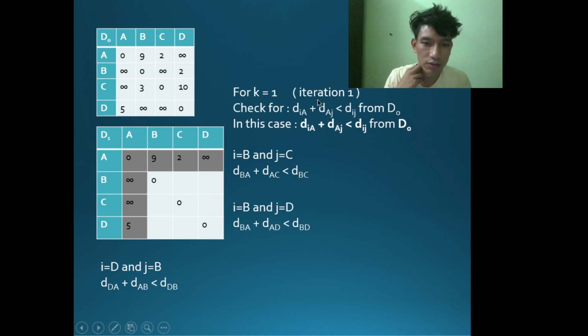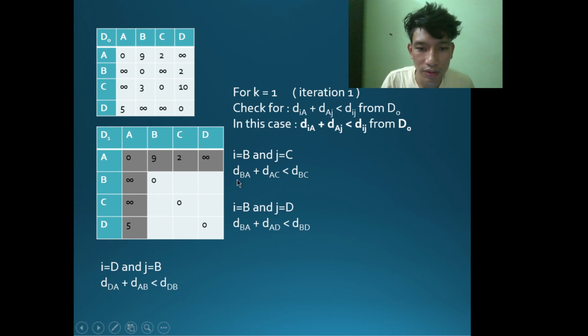So for k is equal to 1, the first one is A. Since we fixed A, we check whether d_ia plus d_aj is lesser than d_ij from D naught. Here let i be b and j be c, that is b, c, which is this particular cell.